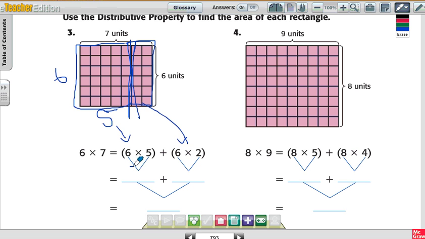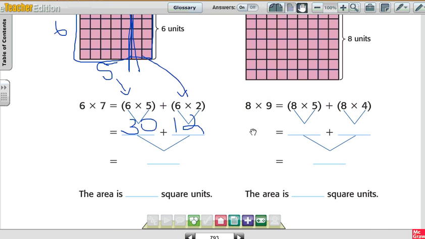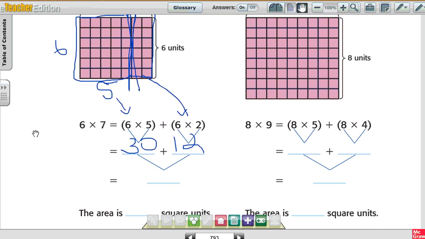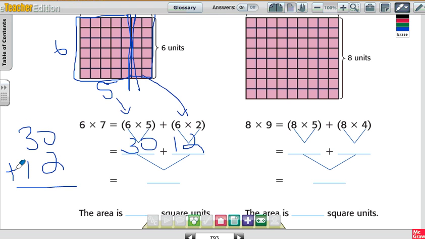So what's 6 times 5? 6 times 2. And then I add both of those together. I get 30 plus 12. 42. 0 plus 2 is 2. 3 plus 1 is 4. Answer is 42. So the area is 42 square units.